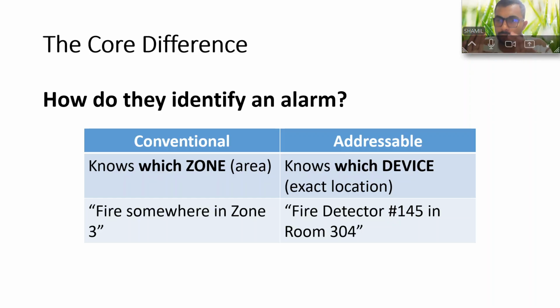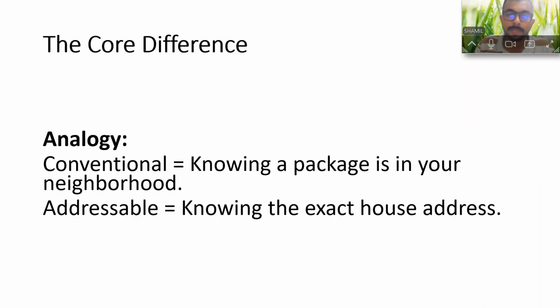When the first responders see this panel, they will know the location, so they just need to go over there and attend to that particular detector. So the core difference lies in how these systems identify an alarm.